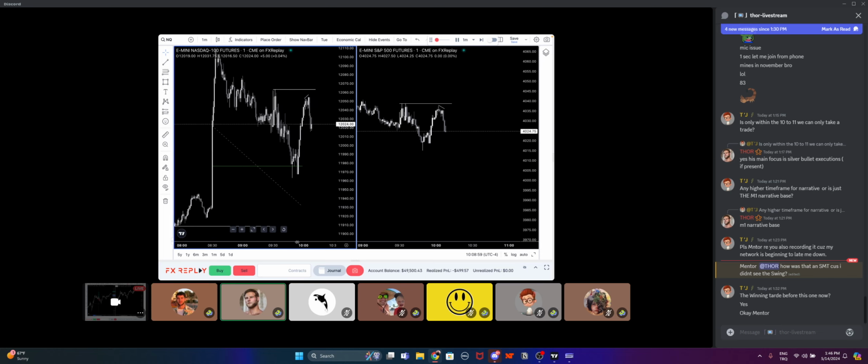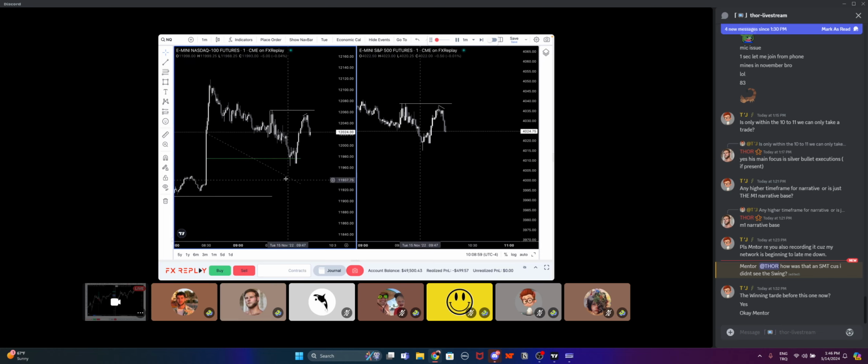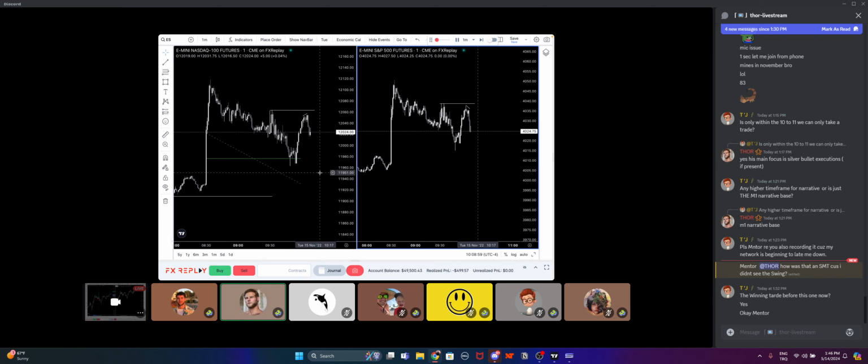I think this is gonna turtle soup the lows on ES. So once ES takes out the low, I would say Nasdaq could potentially rally.